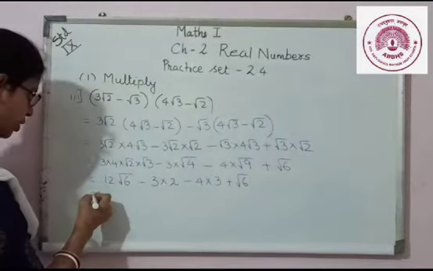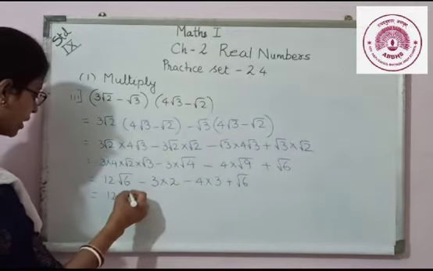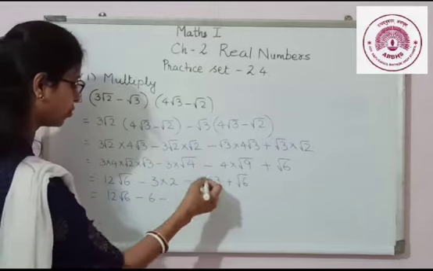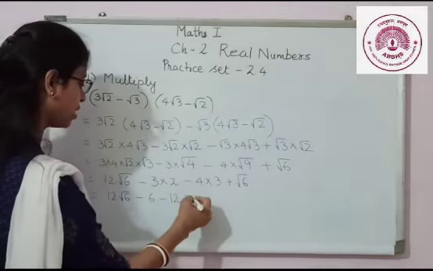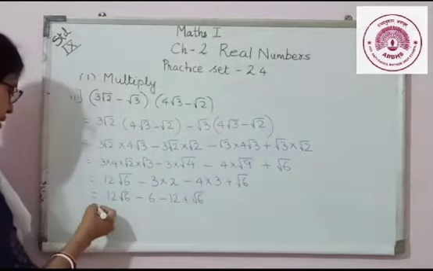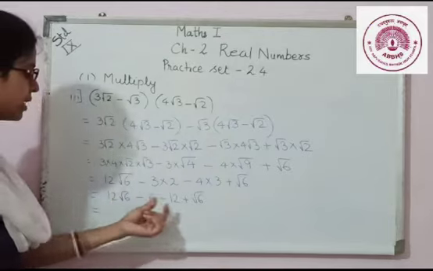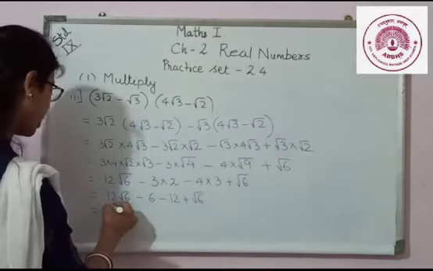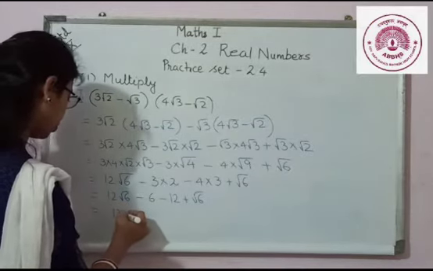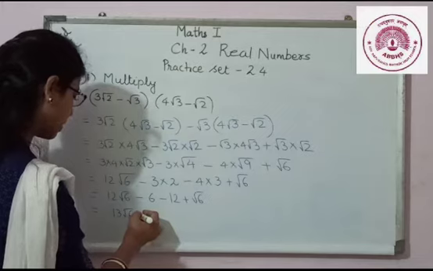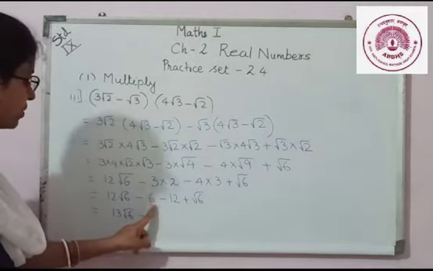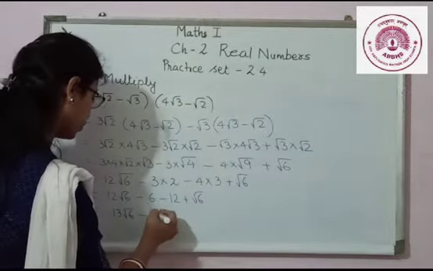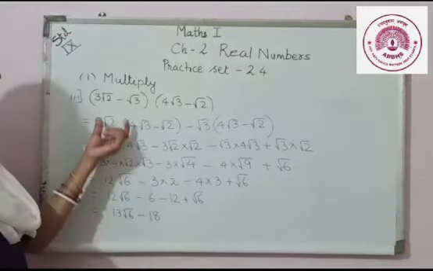So this is equal to 12 root 6 minus 3 2s are 6 minus 4 3s are 12 plus root 6. Now here you can see 12 root 6 and root 6 are like terms, so we can add them. So 12 plus 1 is 13. So 13 root 6 minus. Now here negative 6, negative 12 becomes negative 18. So this is the answer of this sum.